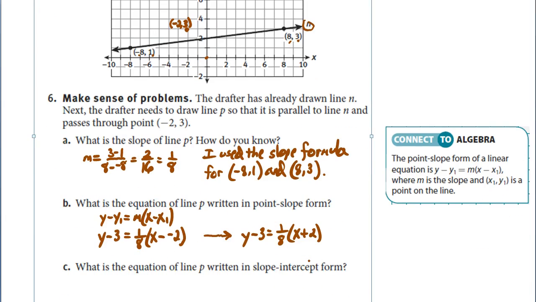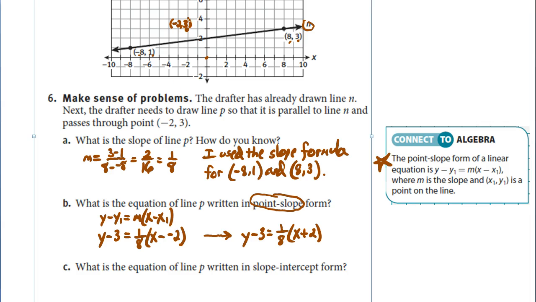Now question B, what is the equation of line P written in point-slope form? Point-slope form was a way to write equations that you learned in algebra. It's reviewed over here on the side of the screen, and I've written it here as well. Y minus the y-coordinate of a point is equal to m times x minus the x-coordinate of a point.